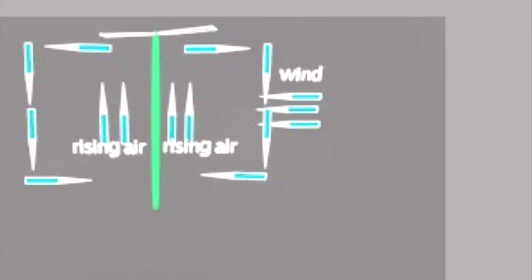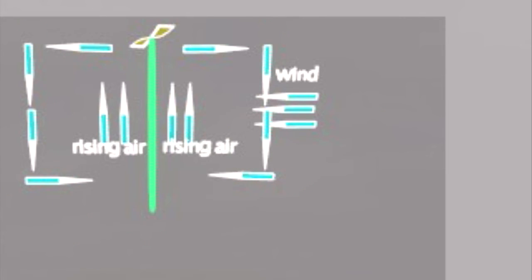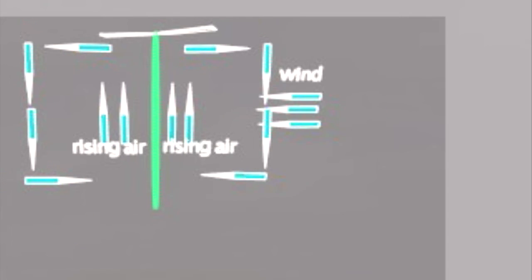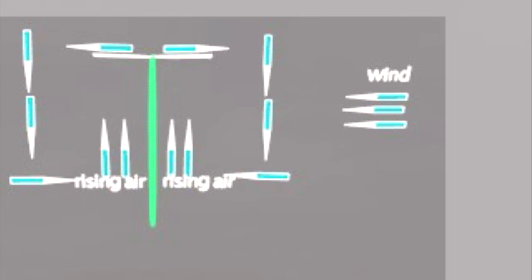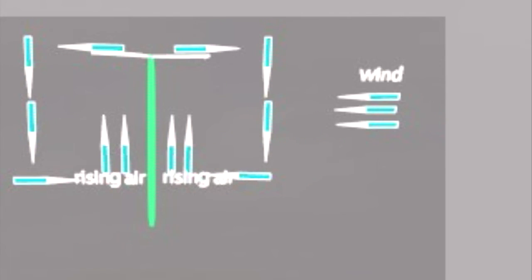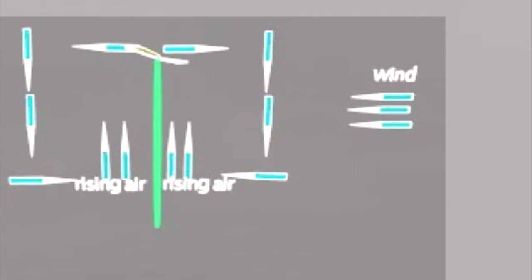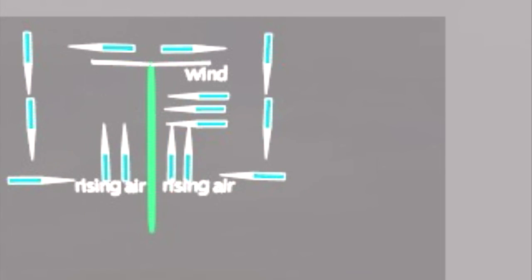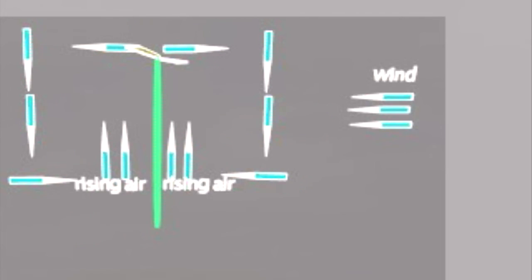This is not very common, but when the wind is only on top of it, it will only bring it down. When the wind is only on the bottom of the hand helicopter, which is also not very common, it will just push it to the side, not bring it down.